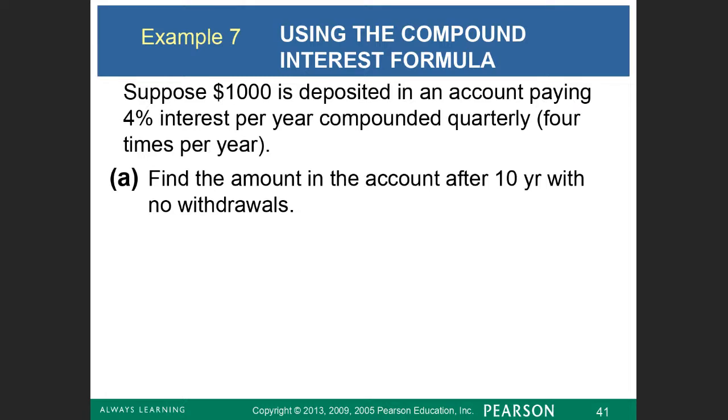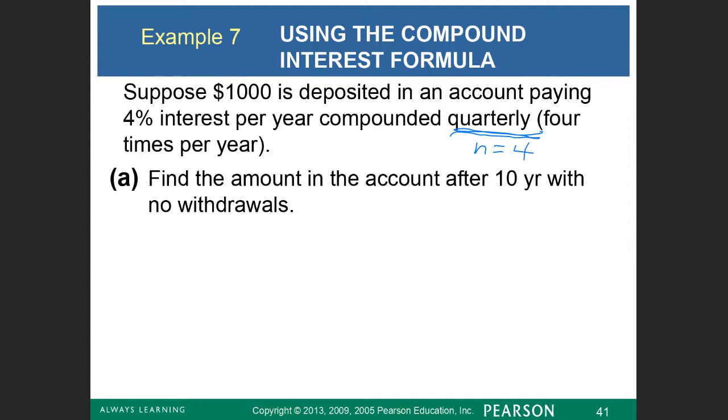Let's have an example. Suppose $1,000 is deposited in an account paying 4% interest per year, compounded quarterly. Compounded quarterly means you have 4 for your N here.